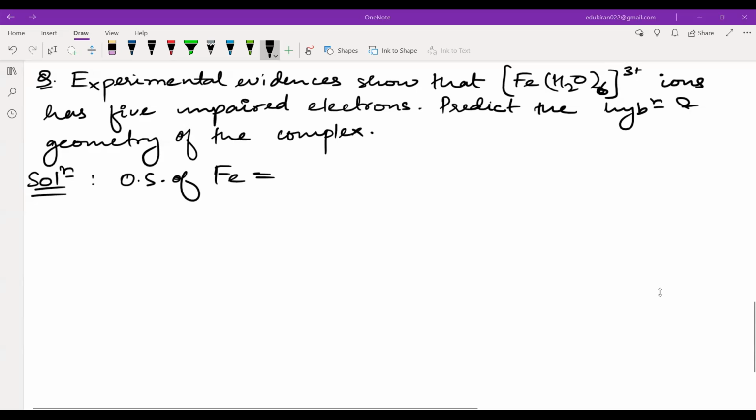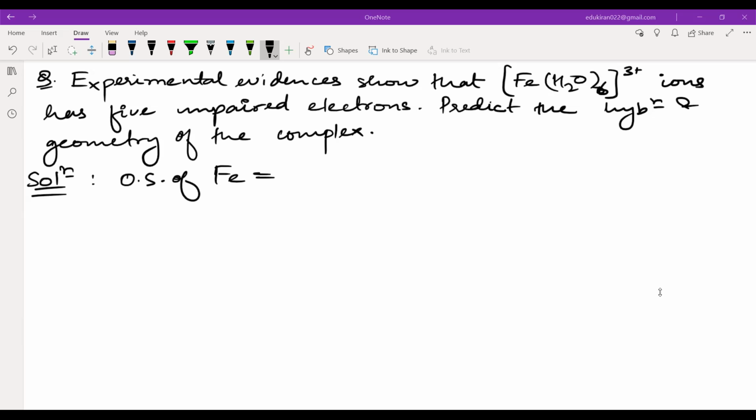You have to look whether H2O is a positively charged, negatively charged, or a neutral ligand. Sir, after finding the electronic ground state of Fe, then we will find Fe3+ or Fe3-. What is the oxidation state of Fe?